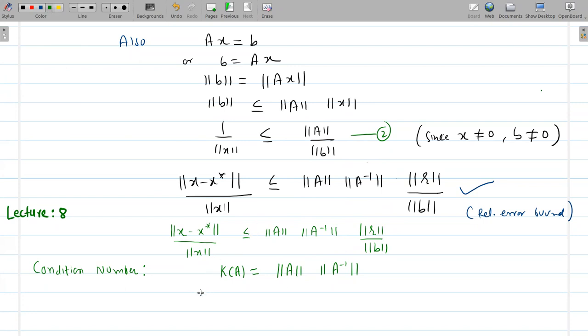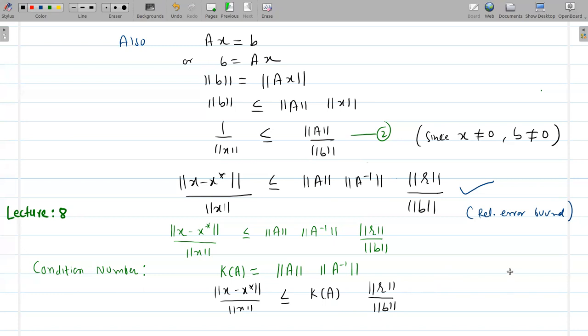And if you want to write relative error in terms of condition number, then you can rewrite it, putting the condition number in place of norm of A and norm of A inverse, multiplied by norm of R over norm of B. And this condition number depends on context.